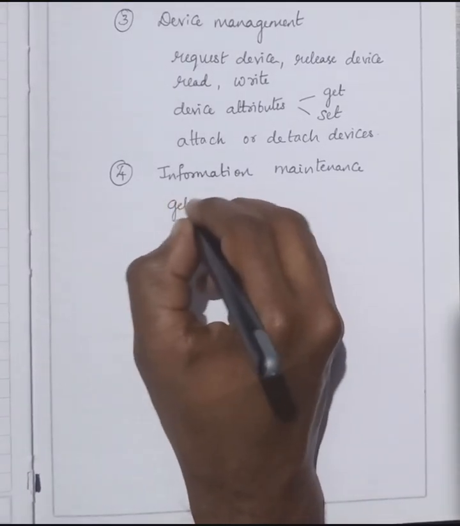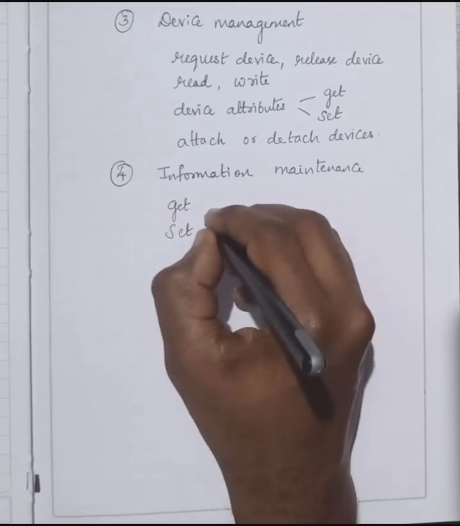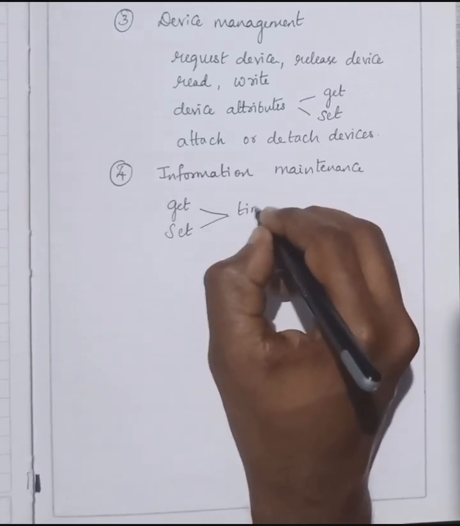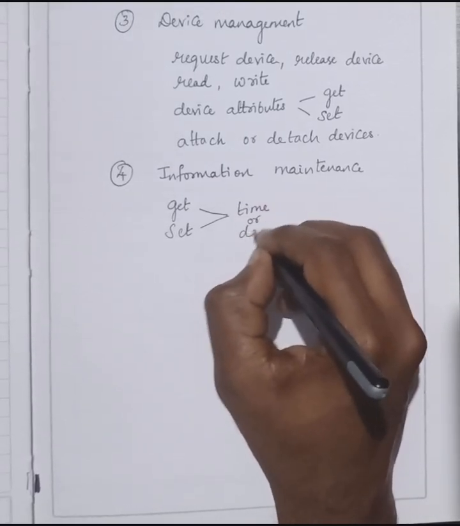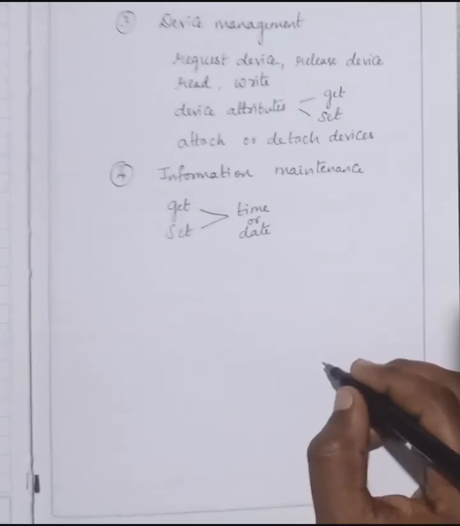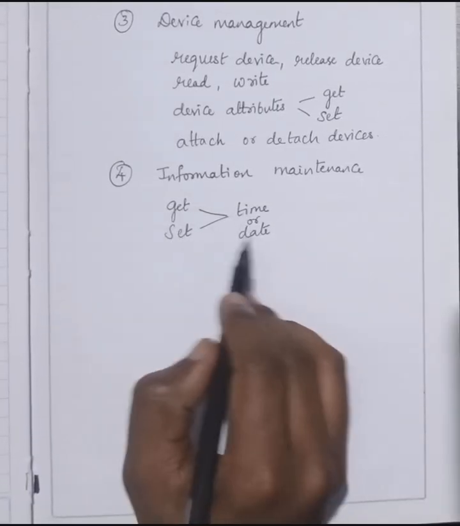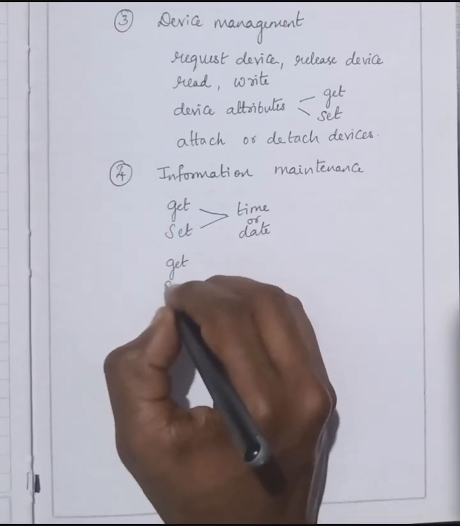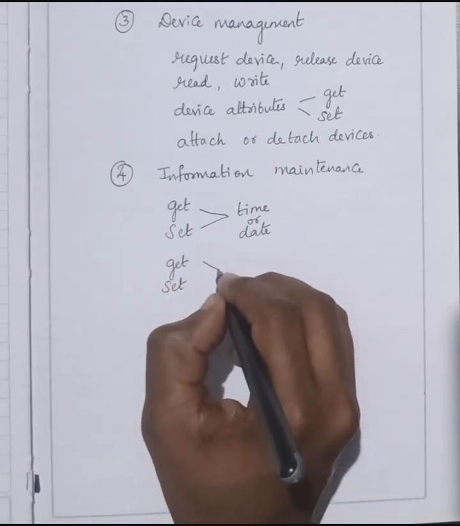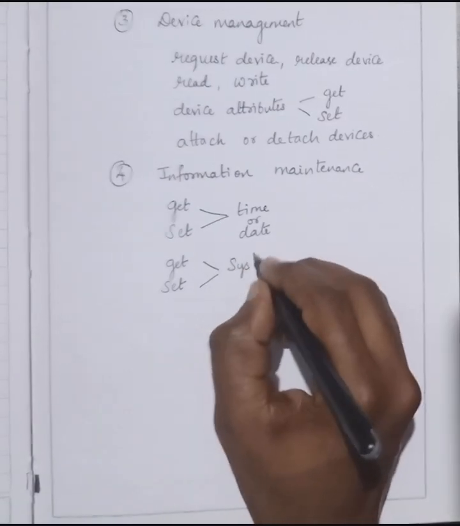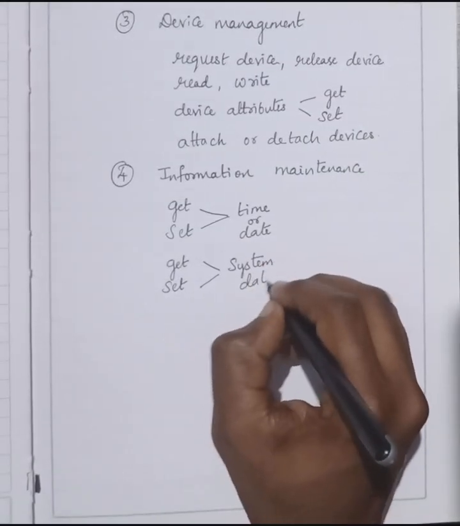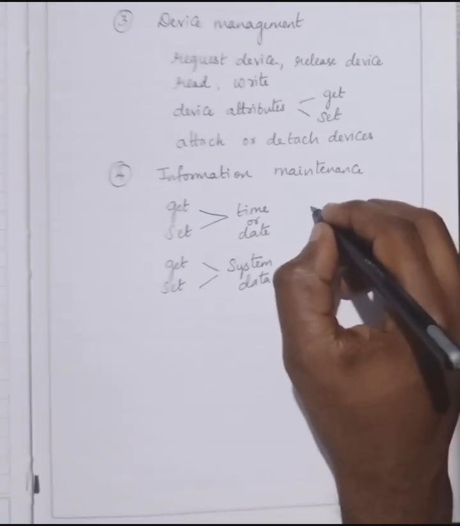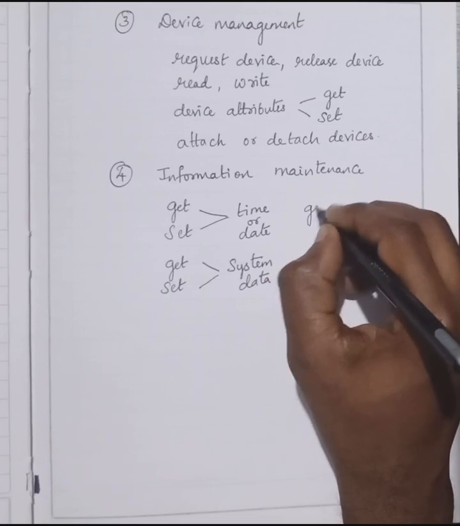First is get and set time or date: we can get the time or set the time, get the date or set the date. In the same way, get and set for system data. We can get the system data or set the system data.